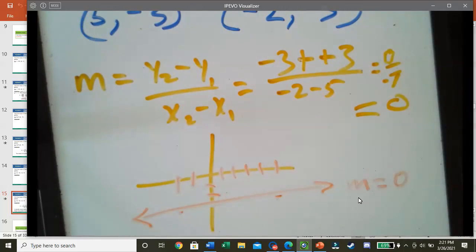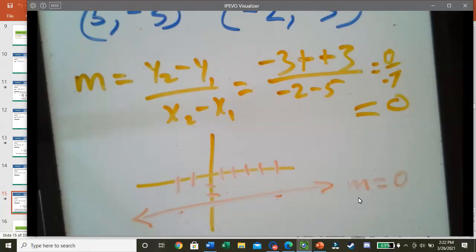So slope is a change in the y values as we're moving horizontally. But if there's no change in the y values, no change in the height, then slope is 0. Whereas if you're vertical, there's no change in x.